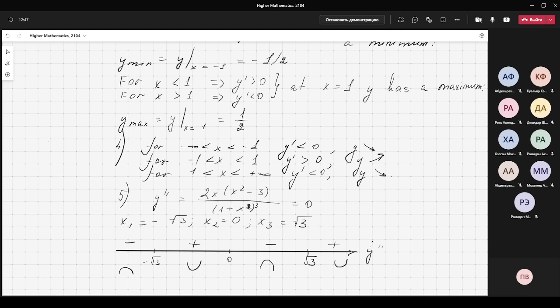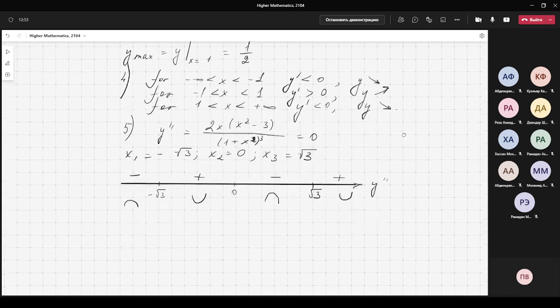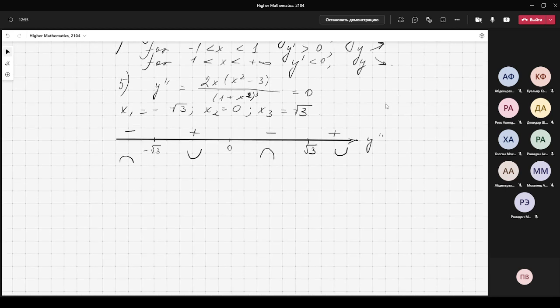Thus, the point with coordinates x equals minus square root of 3, and from this y is minus square root of 3 over 4, is a point of inflection.